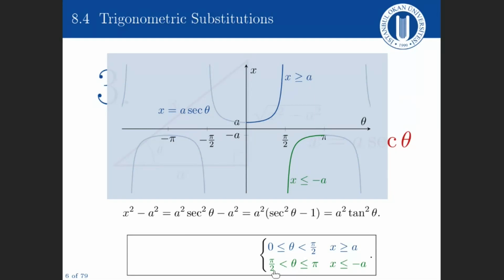If theta is between pi over 2 and pi, that's the same as saying that x is less than or equal to minus a. And this time, because sometimes tan is positive and sometimes tan is negative, we do need to put in absolute value signs. We'll worry about if this is positive or negative later.